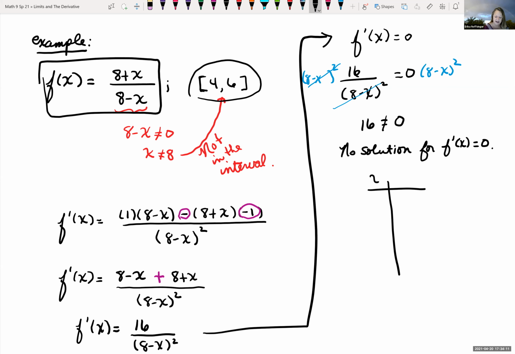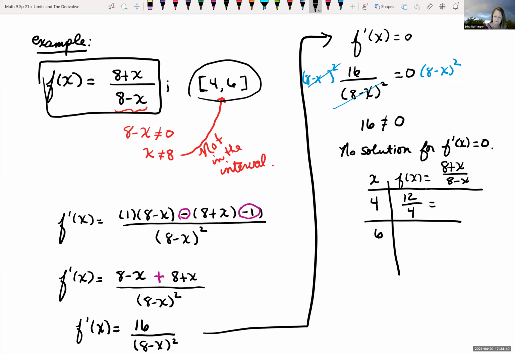So all we have to test are our end values. So we have to look at what's happening when x is 4 and what's happening when x is 6. And we're plugging it back into our original function of 8 plus x all over 8 minus x. So plugging in 4, I get 8 plus 4, that's 12, all over 8 minus 4, which is 4.